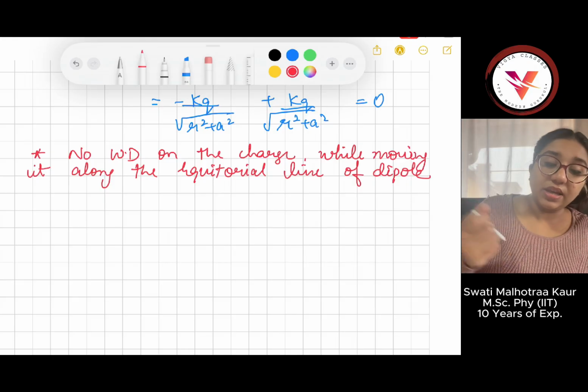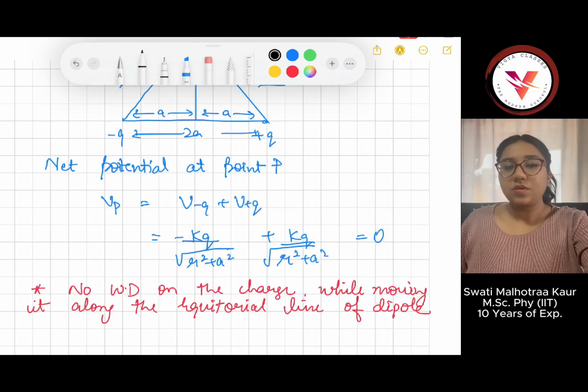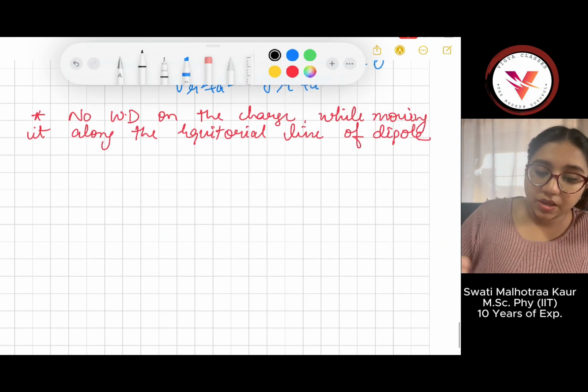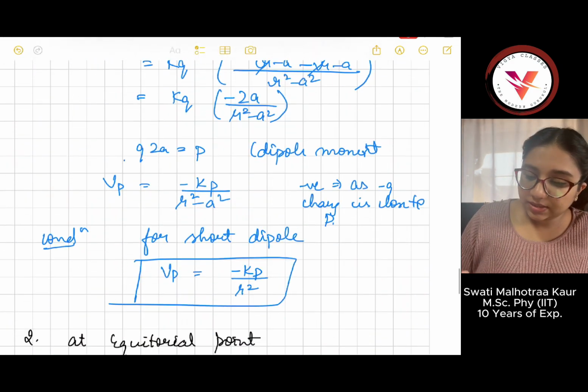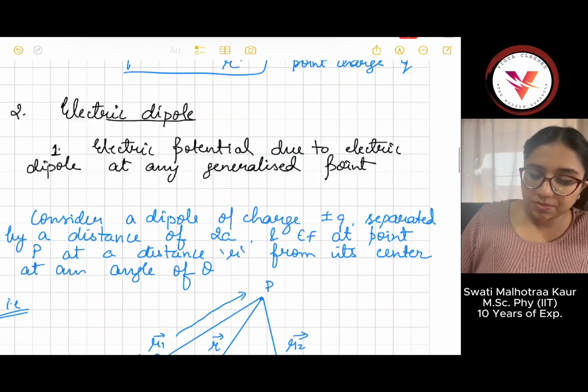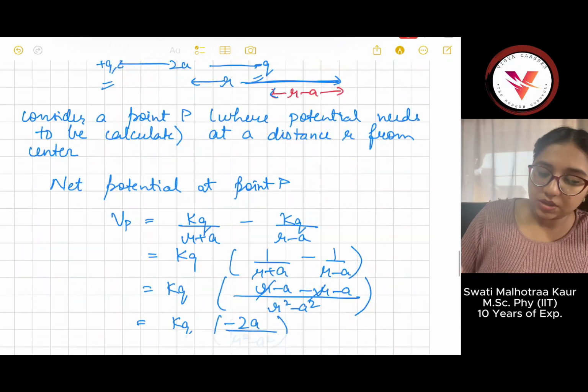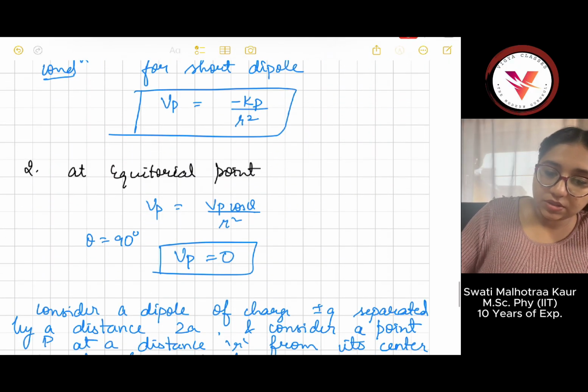Next is basically the relation between electric field and dipole. We have done electric dipole one, two, and that was three.